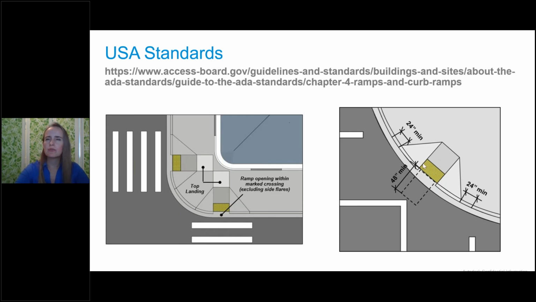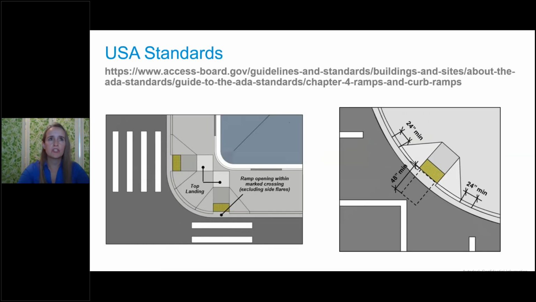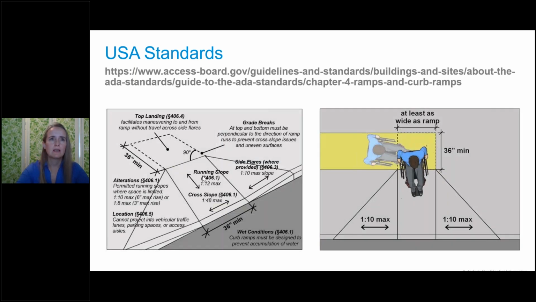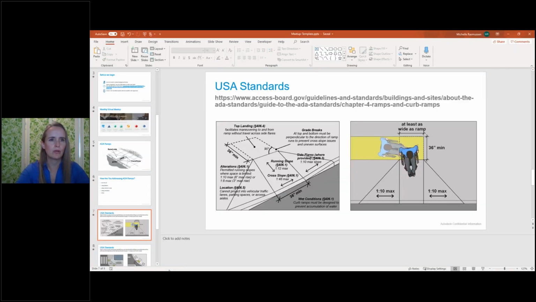So there's a lot of different things that you need to worry about, a lot of different things that we'll take a look at. But for the most part for today, I'm going to simply have a 1 to 12 max slope on the ramp, and then a 1 to 10 max slope on the flares. So let me go ahead and jump out of there and jump into the software.